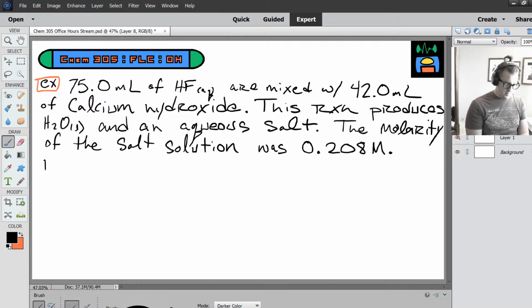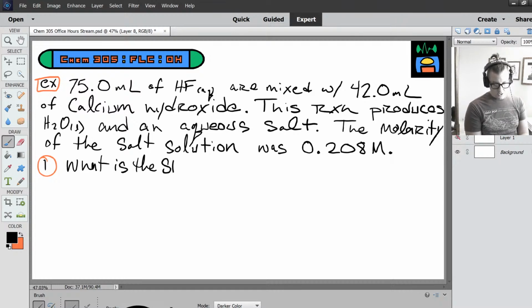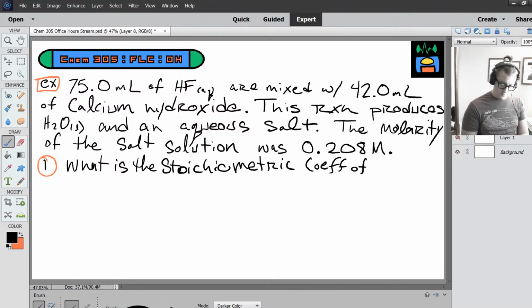All right, and then step number 1 is: what is the stoichiometric coefficient of water in the balanced chemical equation?